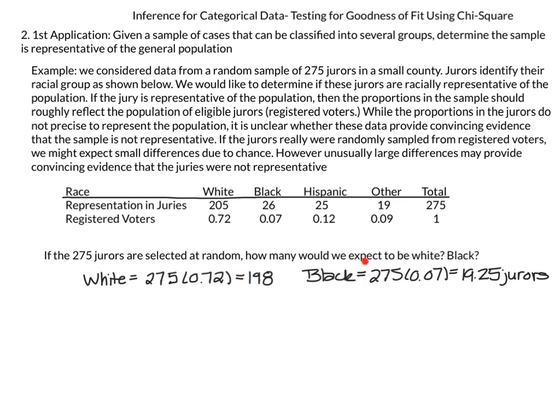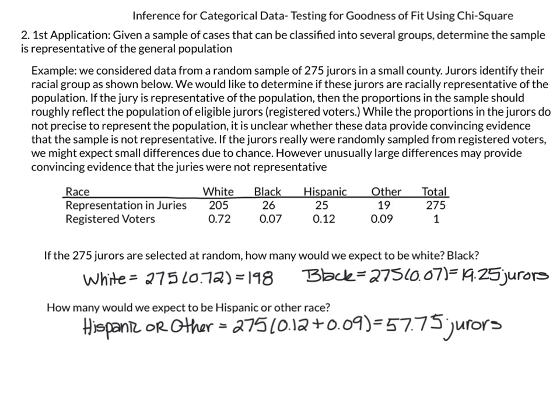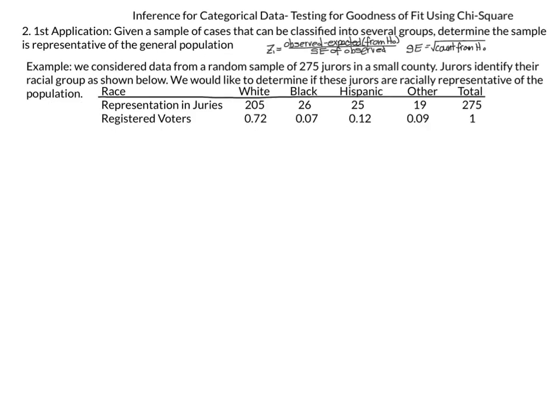For black, of the 275 jurors, we expect 7% or 0.07, which is 19.25 jurors to be black. How many would we expect to be Hispanic or other race? Of the 275, 12% Hispanic, 9% other race. When we multiply it, we get 57.75 jurors, which would be Hispanic or other race.